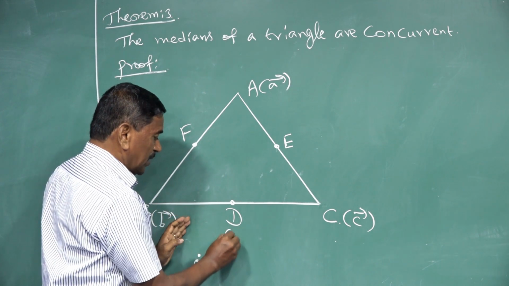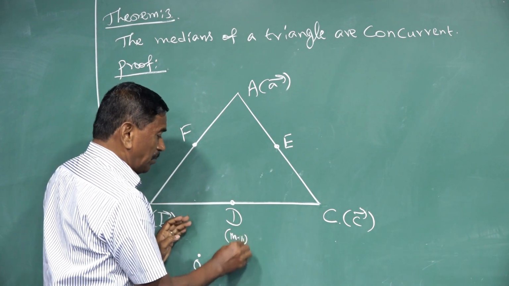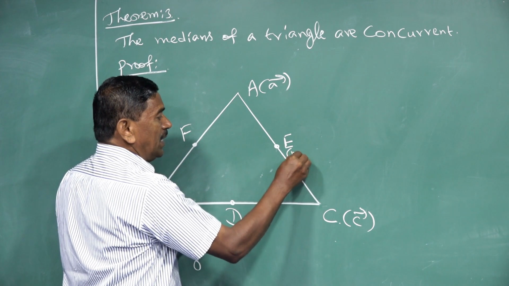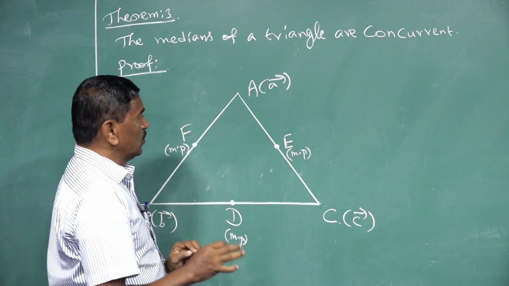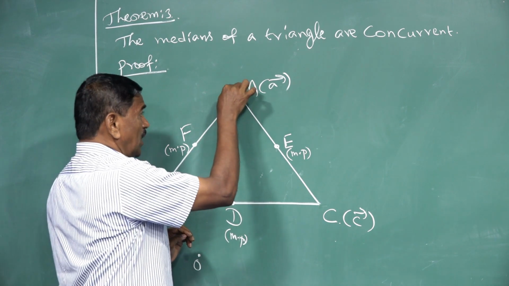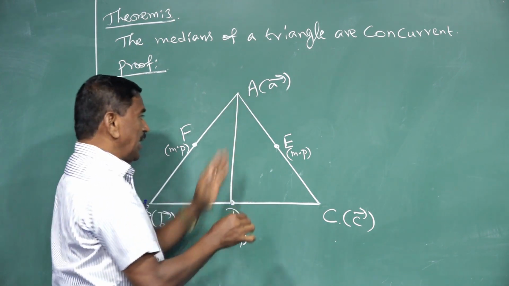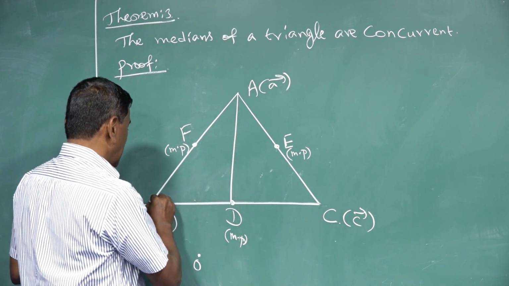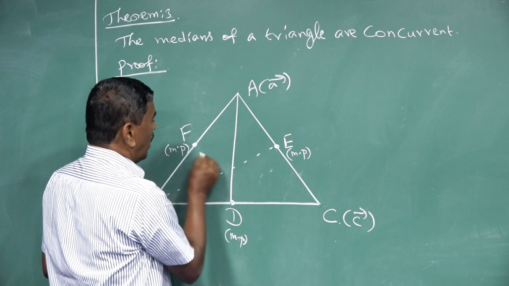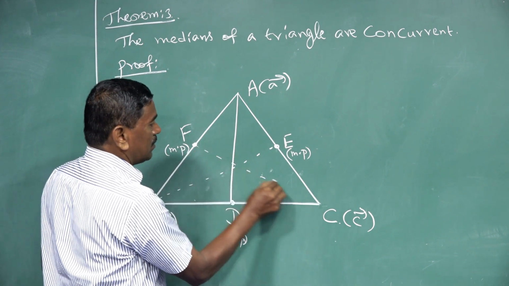Where D is the midpoint, that is important. MP means midpoint. And E is the midpoint. F is the midpoint. Now here join AD. Here AD is the median. Similarly, BE and CF are the medians.